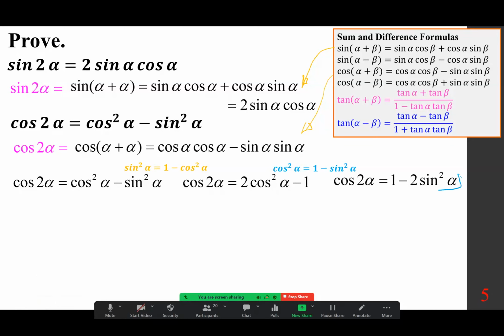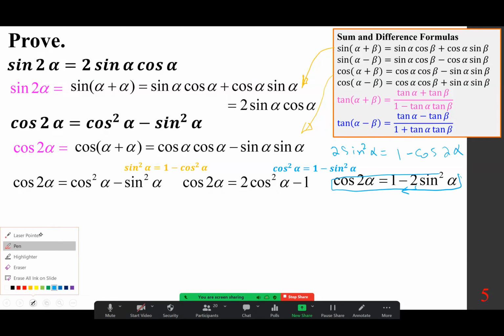So over here, I can move this and write down 2 sine squared alpha is 1 minus cosine of 2 alpha. All I have to do is divide both sides by 2.